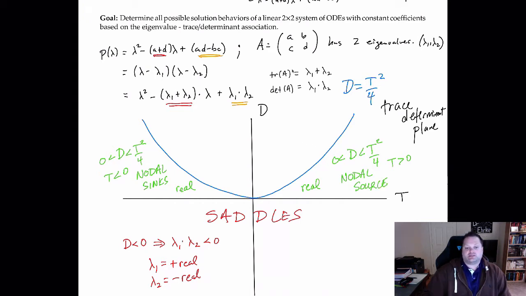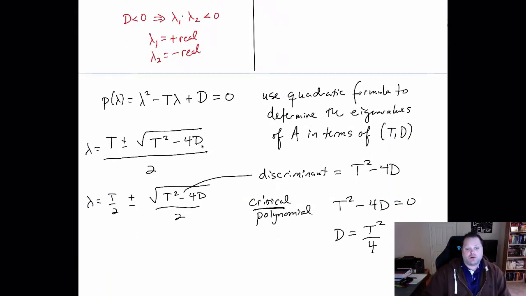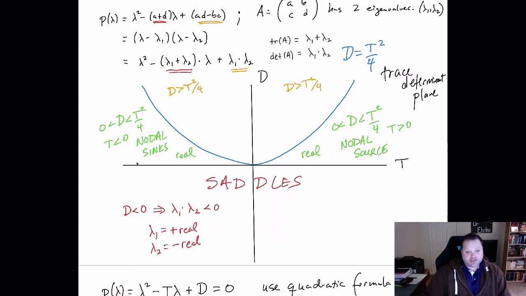All right, so let's go inside the critical polynomial. If we go inside the critical polynomial, we're looking at values where the determinant is greater than t squared over 4 in both cases. And since the determinant is greater than t squared over 4, then we know that this is complex, so we're looking at complex conjugates.